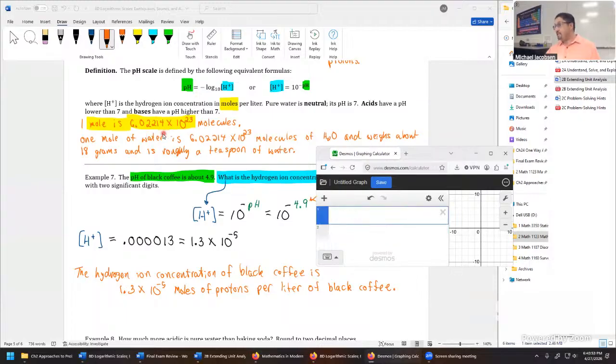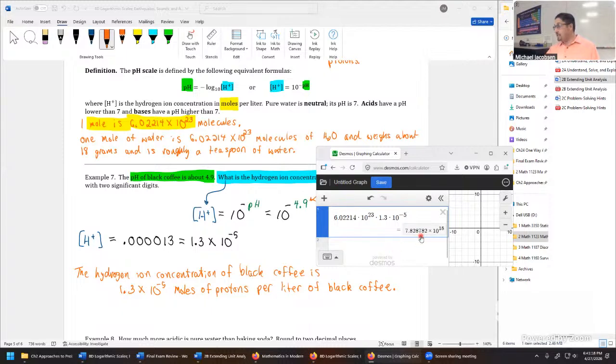So if we take Avogadro's number, 6.02214 times 10 to the power 23, multiply it against the hydrogen ion concentration, the number of moles of protons per liter of black coffee, we take 1.3 times 10 power negative 5, we get to that number.